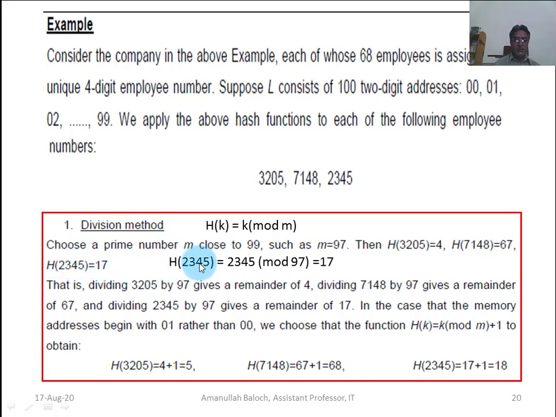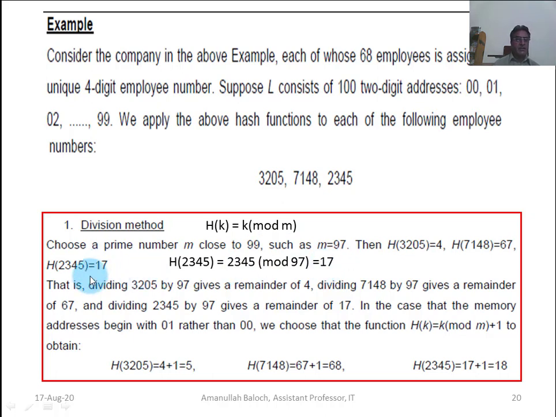h of 2345 is equal to 2345 mod 97. We will use this hash function. H of k, where k is 2345. Here we will use 2345, and the value of m we have decided is 97. When we divide the key by 97, the remainder is 17, and this is the hash address.